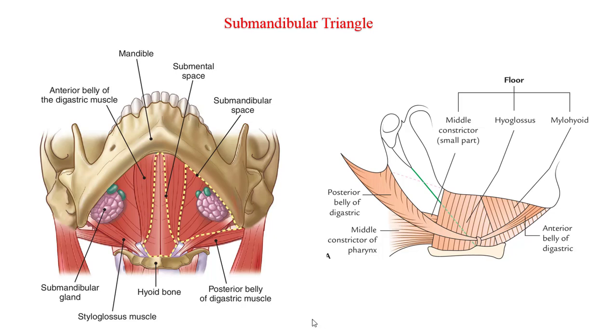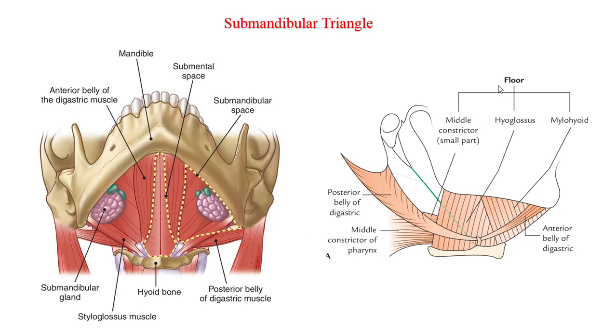Let's now have a look at the submandibular triangle, which is situated inferior to the mandible, where the submandibular glands are located just as the name suggests. The triangle is bordered superiorly by the mandible and the anterior and posterior bellies of the digastric muscle.